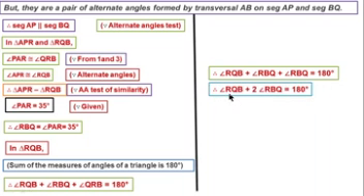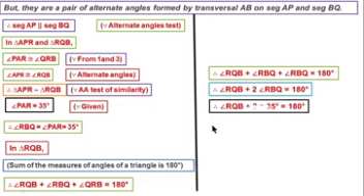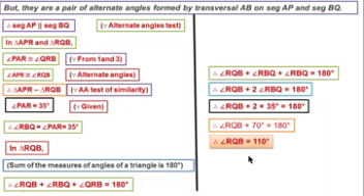Therefore, angle RQB plus 2 times angle RBQ is equal to 180 degrees. Therefore, angle RQB plus 2 multiplied by 35 degrees is equal to 180 degrees. Therefore, angle RQB plus 70 degrees is equal to 180 degrees. Therefore, angle RQB is equal to 110 degrees.